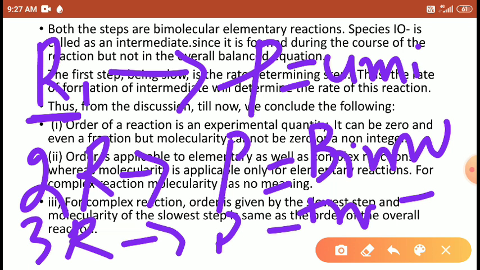Right, students? So in molecularity, only the stoichiometry is considered as the molecularity of the reaction, students.